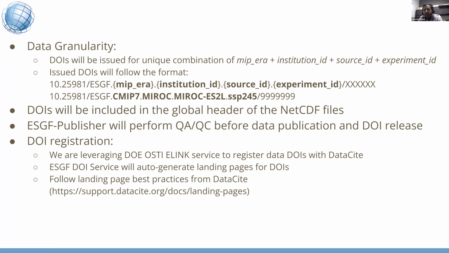And one thing worth noting, and this is very much experimental work, is that within our group here at ORNL, we have a couple of folks developing a large language model that goes through all the documentation, all the controlled vocabulary that we have available to us.